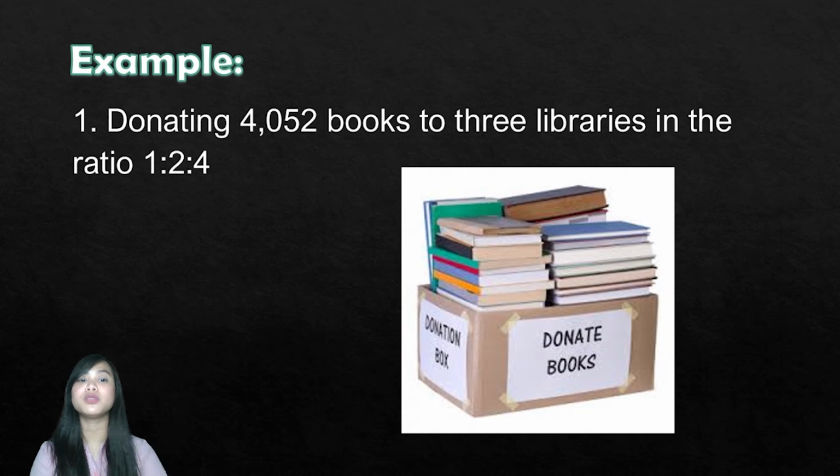We have 4 plus 2 plus 1, which is 7. So divided by 7, then the quotient will be multiplied to 1:2:4. So each library will have a different number of books.